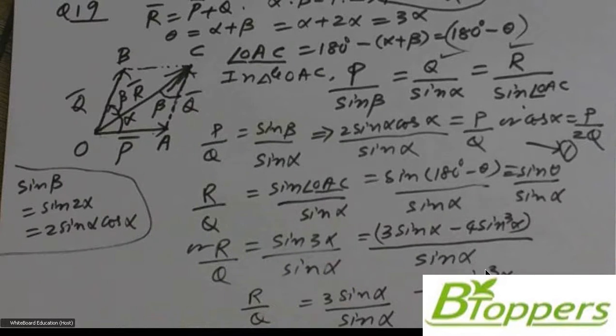So those who want to copy the solution of this problem, they can take a pause and copy the solution of this problem. Of course, still simplification is not completed. You can take a pause and copy the solution of the problem.